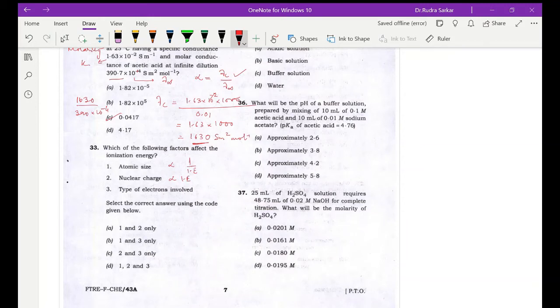It is also affected by the type of electrons, because if the electron is in the s orbital, then it requires more ionization energy, then p, then d, then f. So highest should be from the s orbital. So 1, 2, 3 are the correct answer over here.